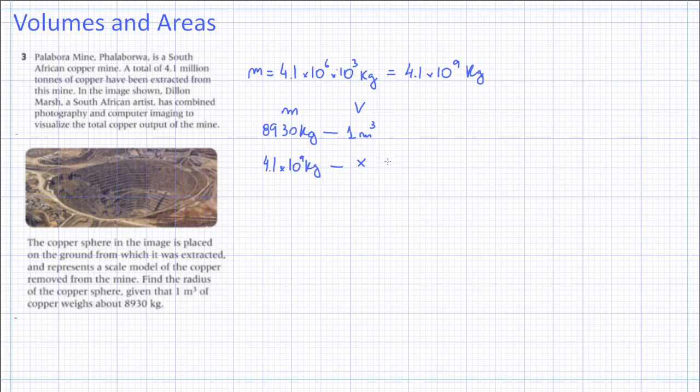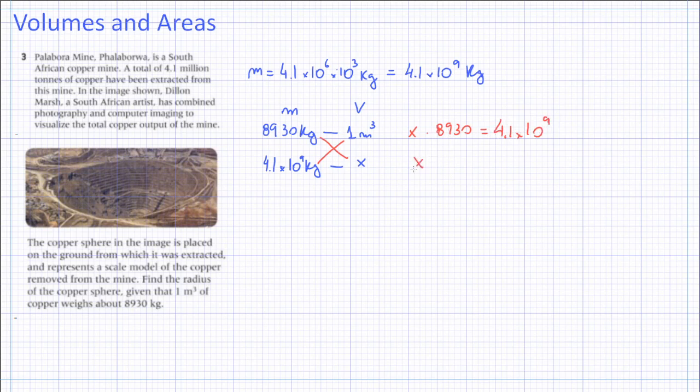That's the first thing we have to solve. So we can cross multiply. So here and here, so you'll find that x times 8,930 equals 4.1 times 10 to the power of 9.